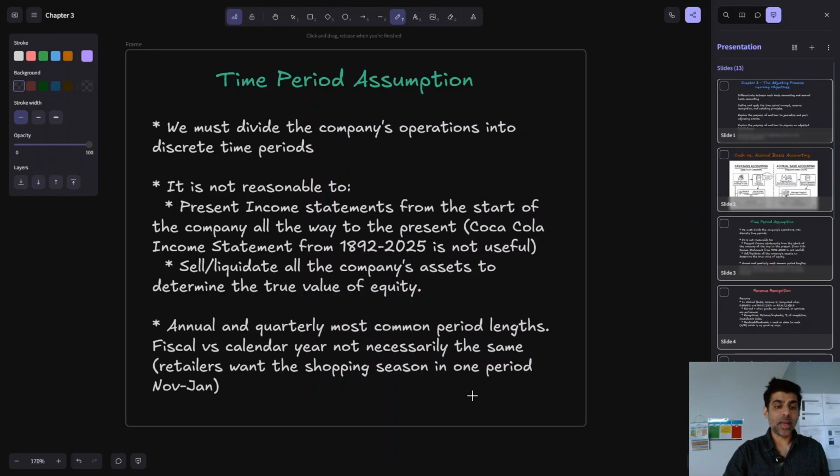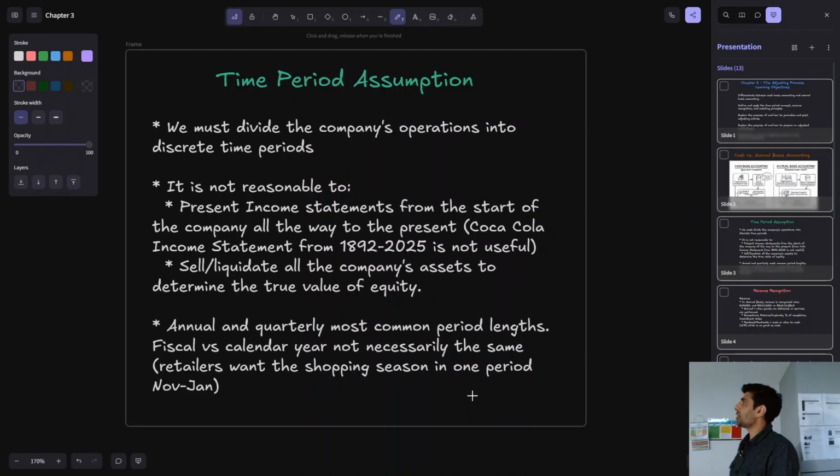It's not always based on the calendar year. Most companies report on the calendar year, but like Walmart, Costco, retailers, they actually have the last quarter end at like the end of January usually, or the beginning of February. Why would they do that?